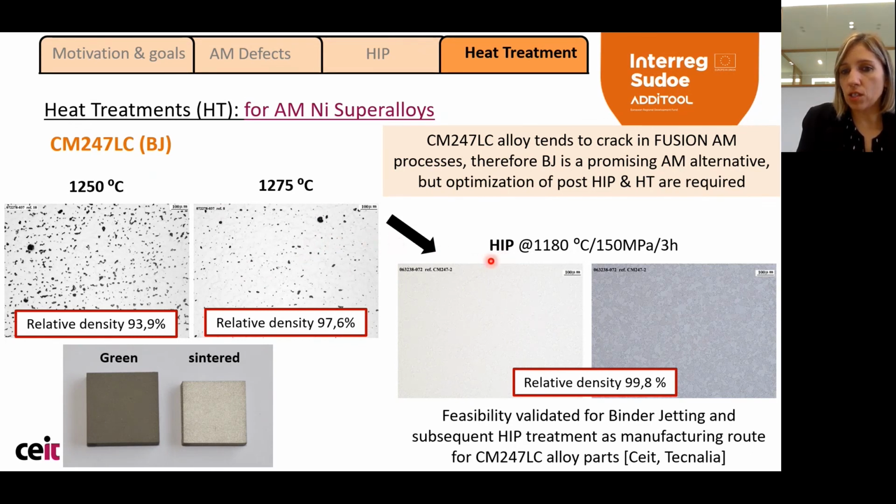After applying hot isostatic pressing and different heat treatments for CM247, we can see in this example a very homogeneous microstructure without porosity and with good properties. This was work done by Zeit and Tecnalia, and what was obtained here was to validate the feasibility of binder jetting for this alloy.